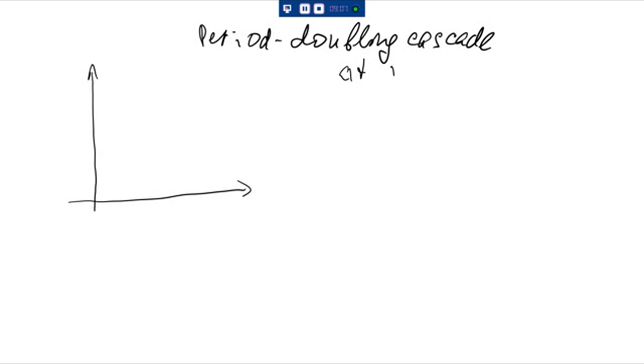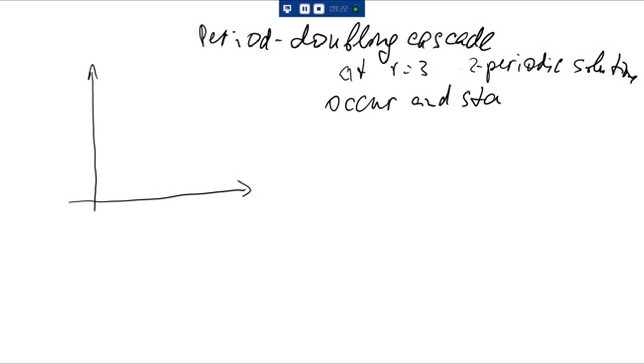At r equal to 3, two periodic solutions appear and are stable. At r equal to 1 plus square root of 6, we checked this before, the two periodic solution becomes unstable.